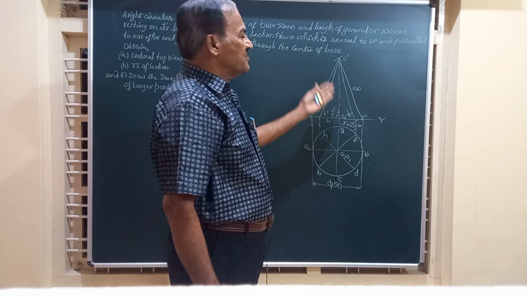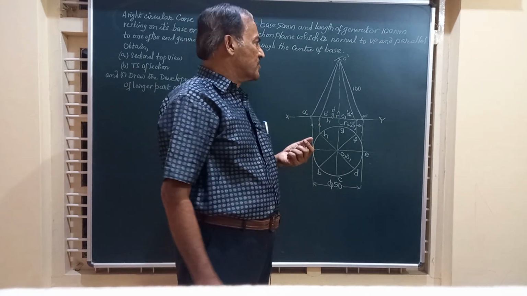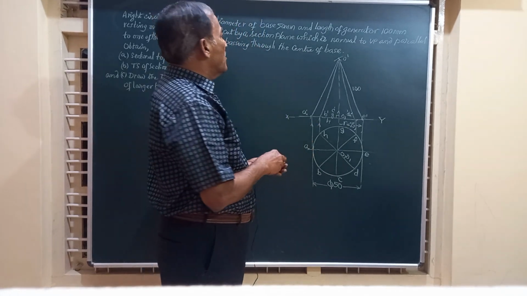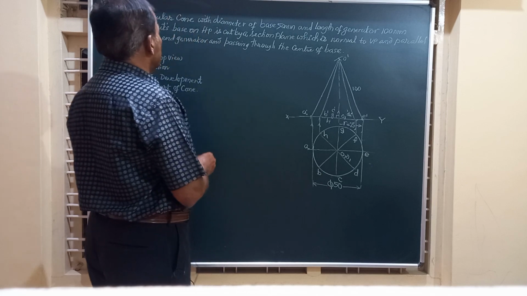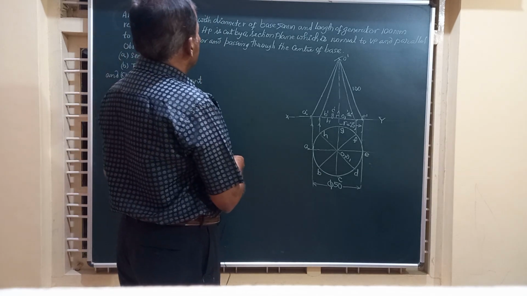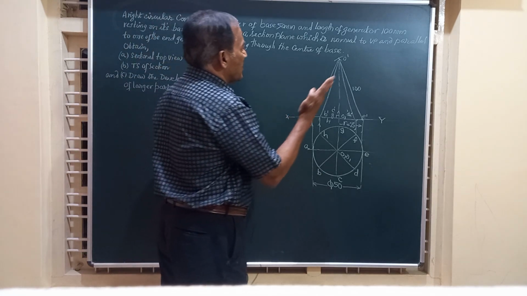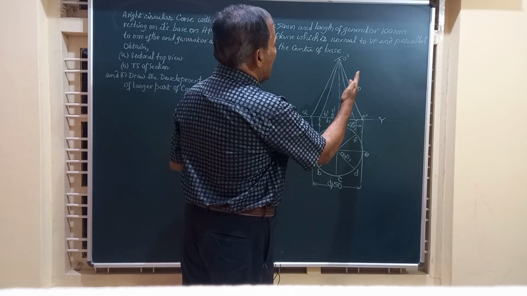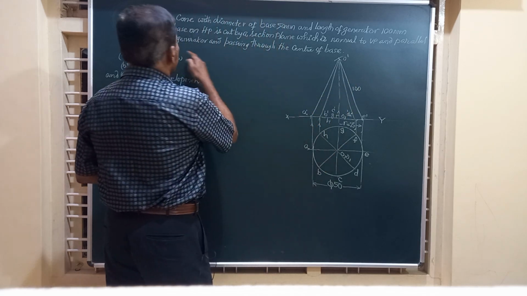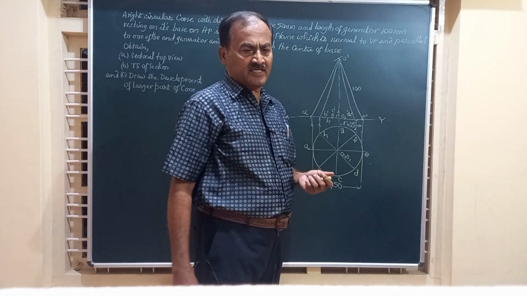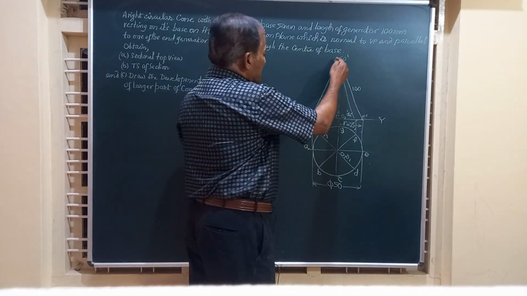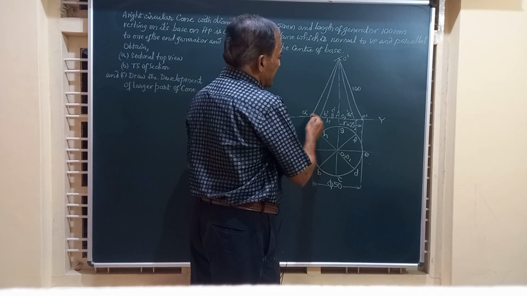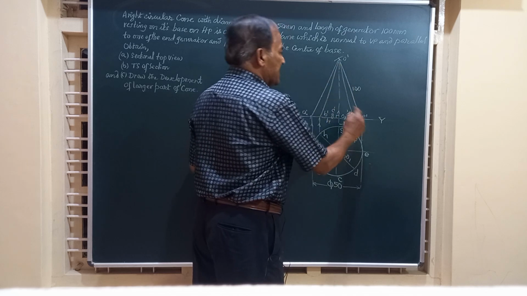So we have drawn the front view and top view of the cone, and we need to draw now the section plane. It is said in the question that it is cut by a section plane which is normal to VP and parallel to one of the end generators. Friends, this is one generator, O dash A dash. O dash E dash is another end generator.